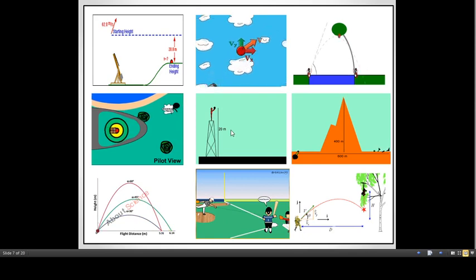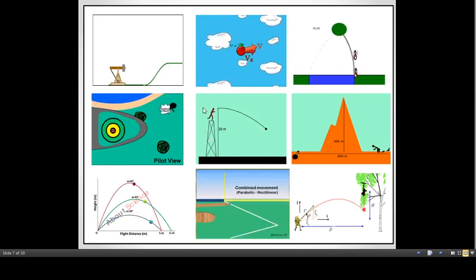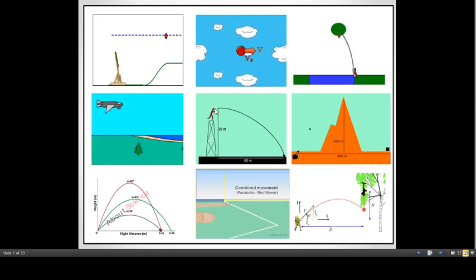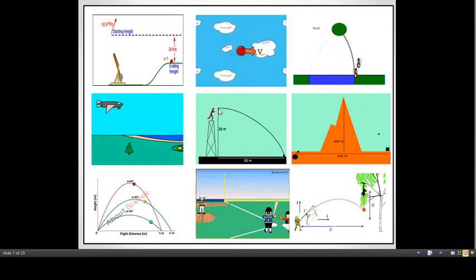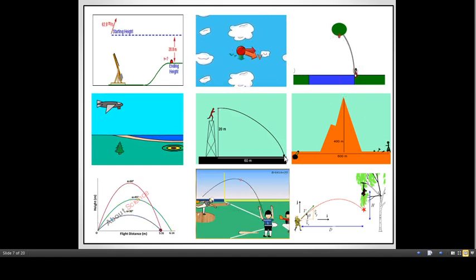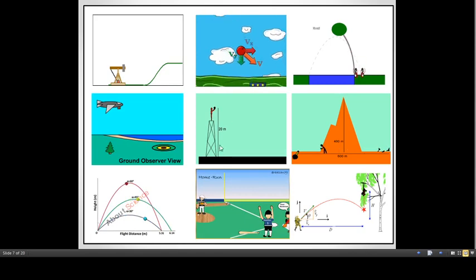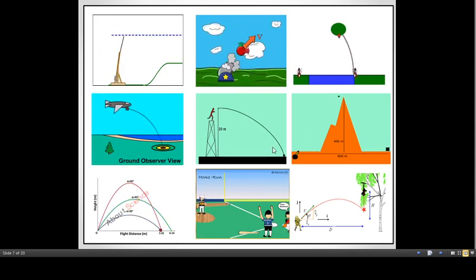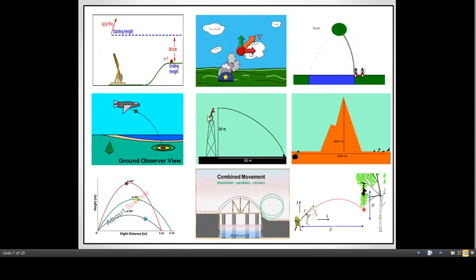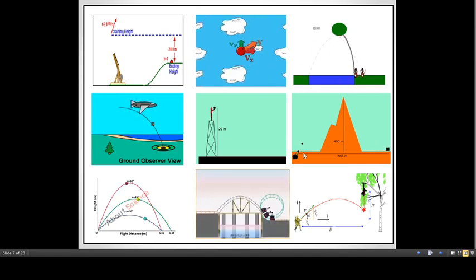The same thing here, one person trying to throw the object from this point towards the ground. Some information is given to us in terms of distance. Nothing but once again the projectile motion.